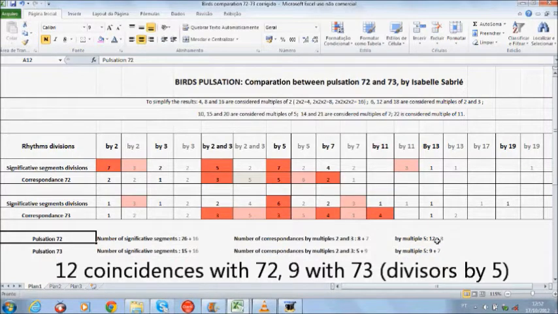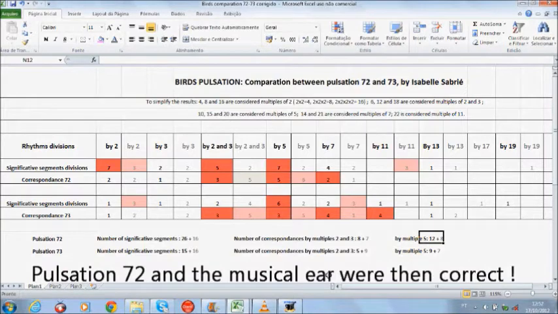And by multiples of 5, we have 12 to 9, so the pulsation 72 should be the right one, and my musical ear was correct.